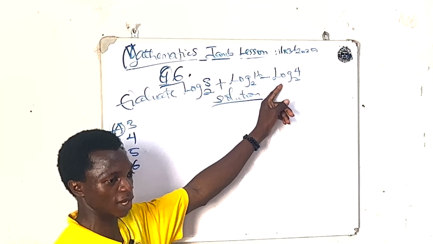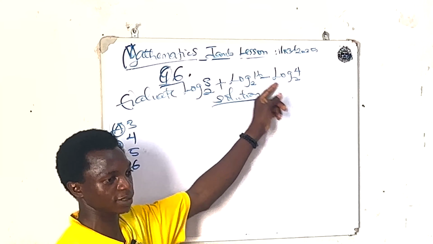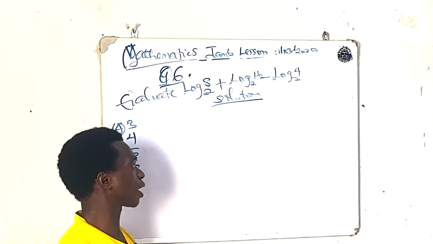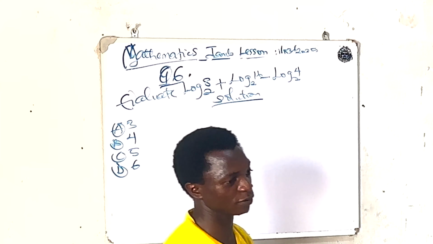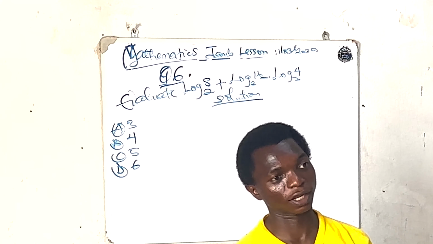If I give two logarithms with the same base to subtract, then their logs are divided.